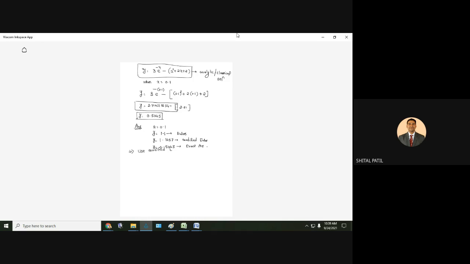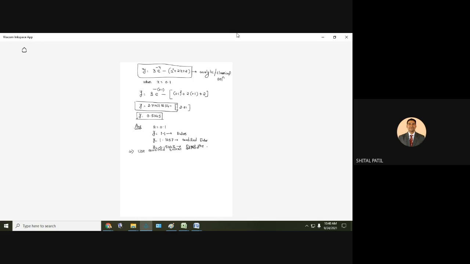So homework: what are the differential equations for which the answer obtained by Euler's or modified Euler's method will be more correct? Is there any restriction on the differential equation or initial condition? Just Google it or use a reference book and find it.